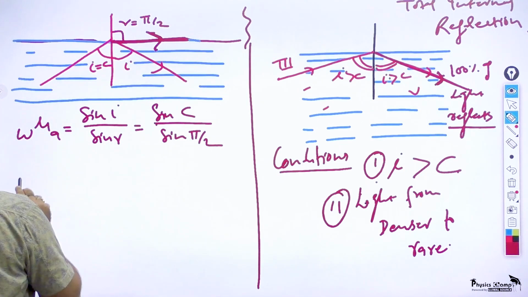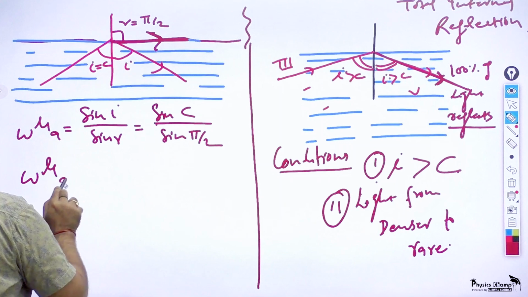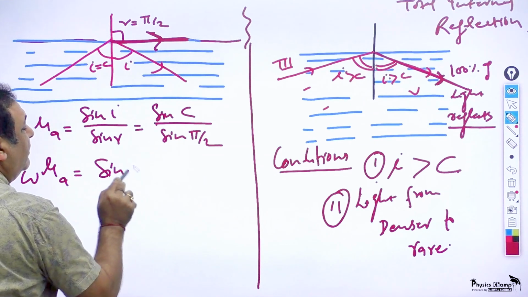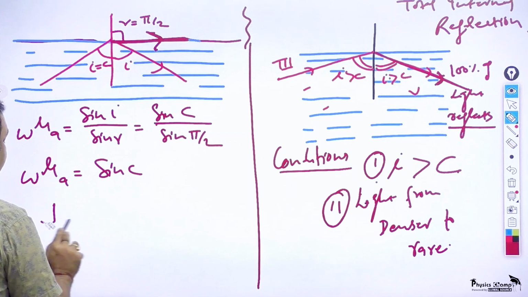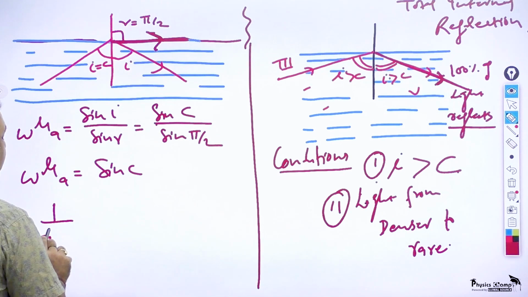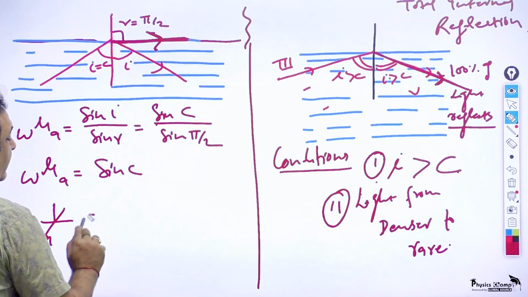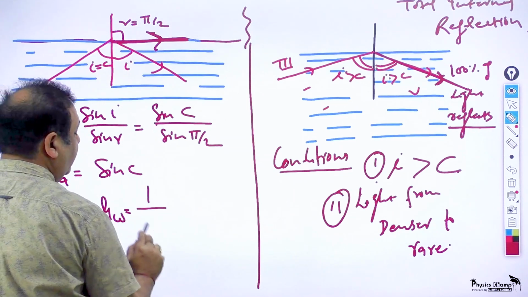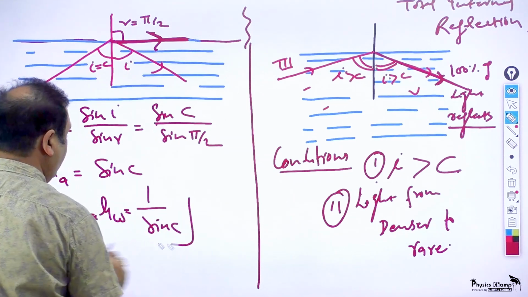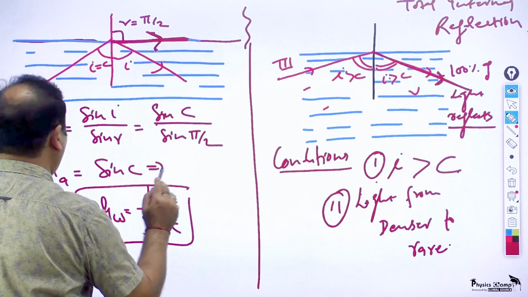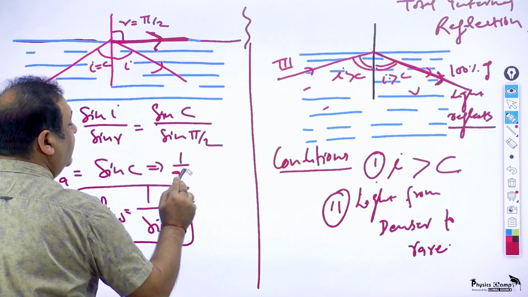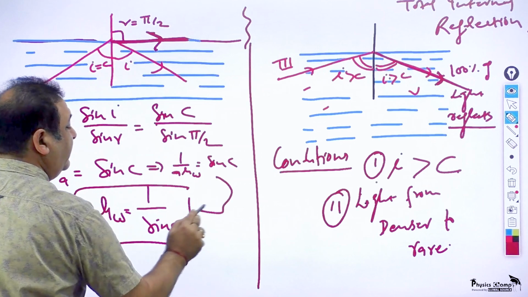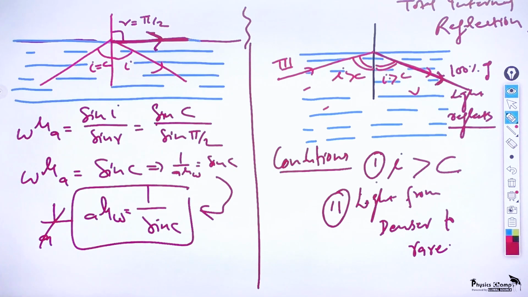So we have a final situation: W mu A, water to air, is equal to sin C, or generally we are in the habit of writing A mu W. So if I say A mu W, it will be 1 by sin C. Or we can also say 1 by A mu W is equal to sin C. And that's why we can write A mu W is equal to 1 by sin C.